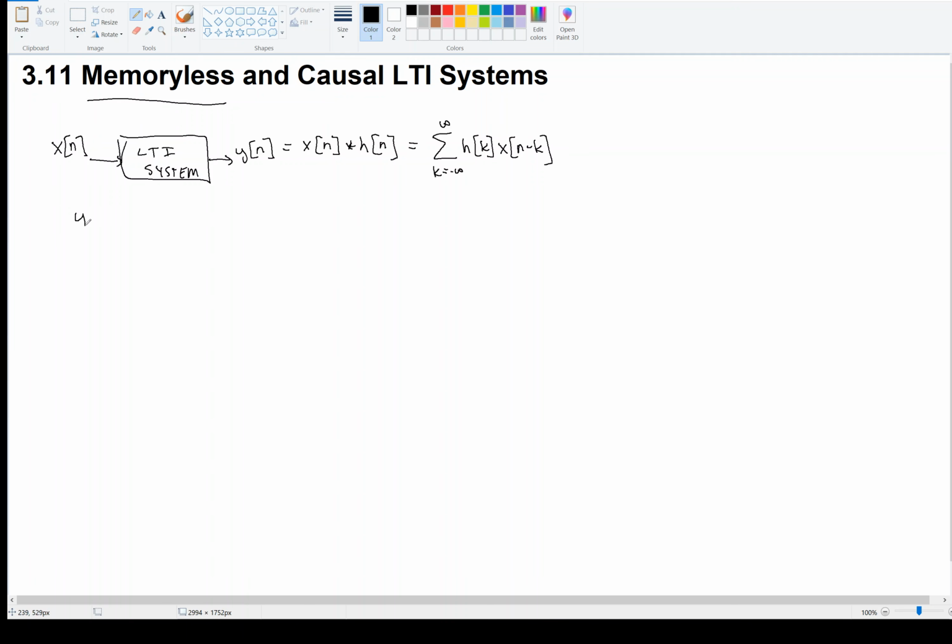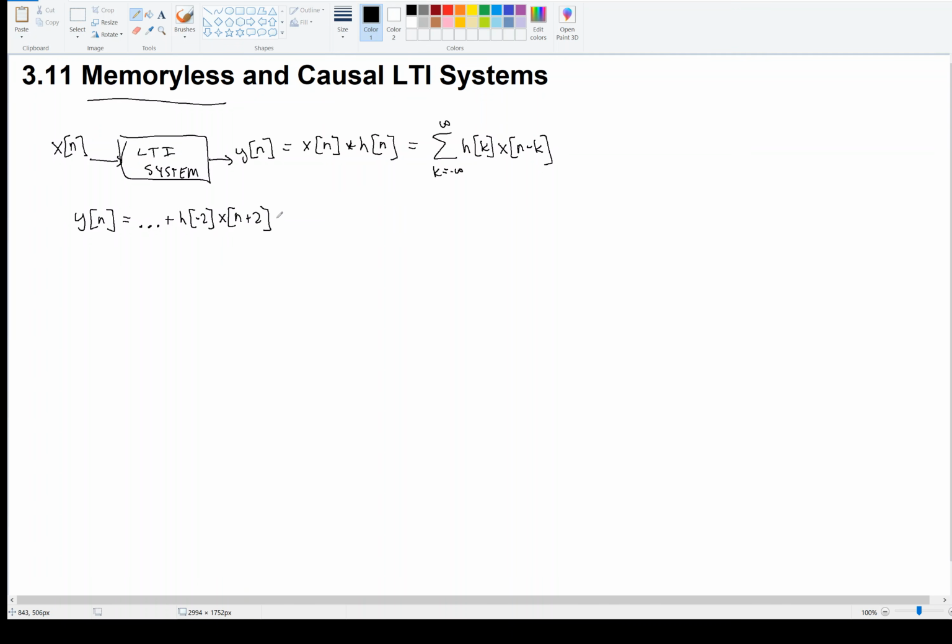And let me expand the sum. I've got an infinite sum, so it starts at minus infinity and goes to infinity. Then maybe I'll start writing the minus 2 term. So I've got h of minus 2 times x of n plus 2.